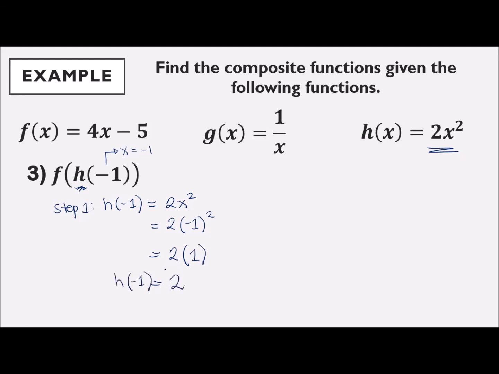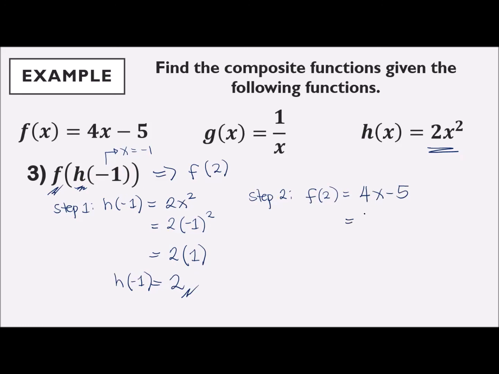And we're not yet done. Kasi meron pa tayong f. So, step 2. So, instead of writing f of h of negative 1, magiging f of 2 na siya. Kasi ito yung nakuha natin. So, magiging f of 2. Kunin natin si f, magiging 4x minus 5.